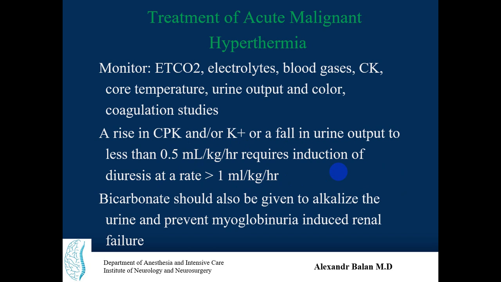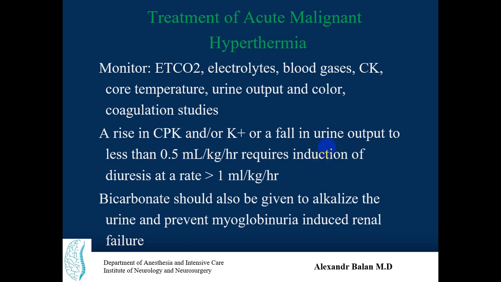Of course, patients have catheterization of the bladder, and this reservoir will show you every hour accumulation of urine. Bicarbonate should also be given to alkalize the urine and prevent myoglobin-induced renal failure.